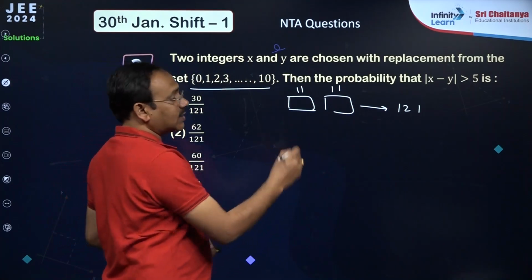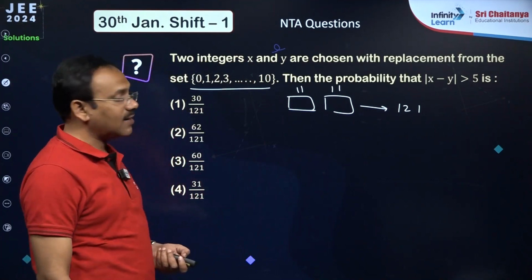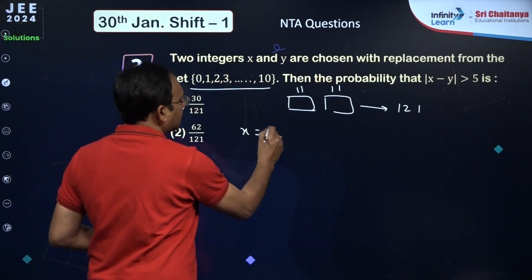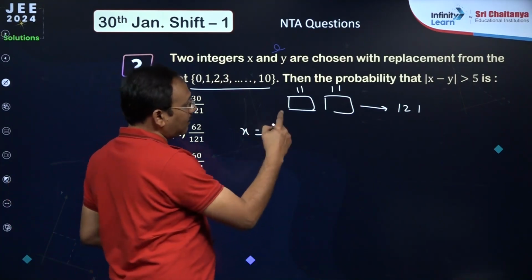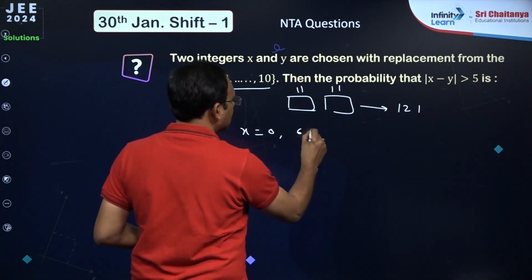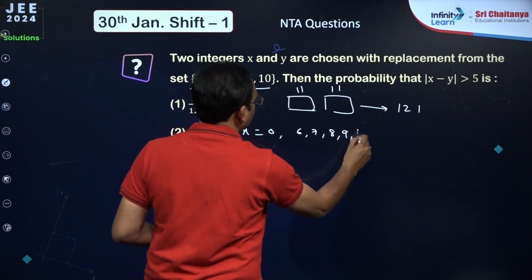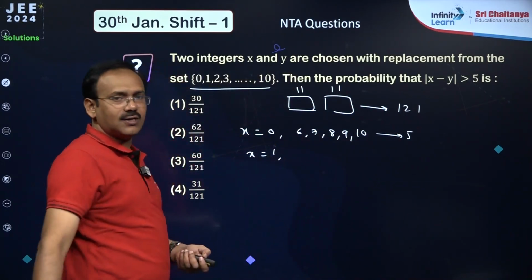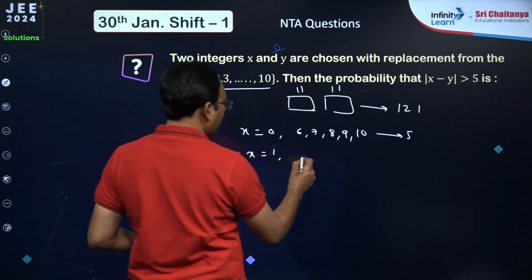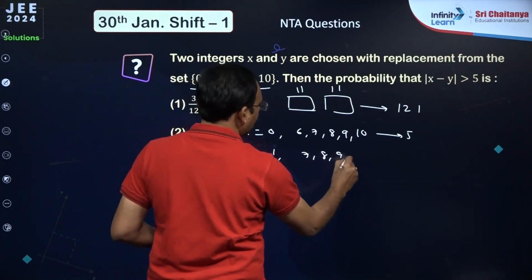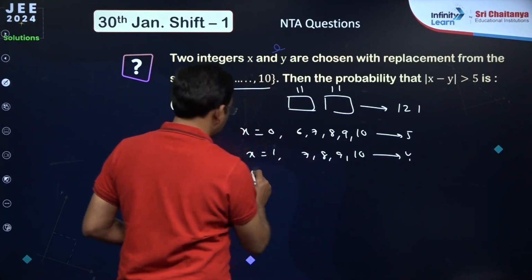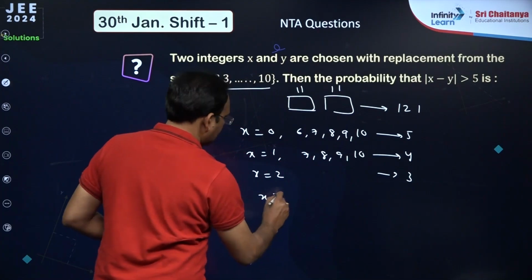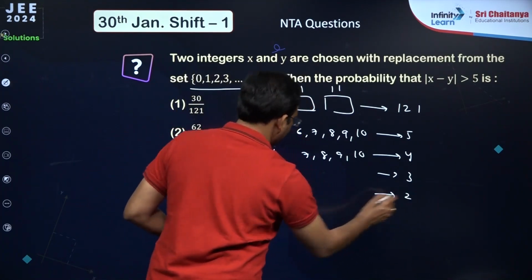I just want x, y such that mod x minus y is greater than 5. So difference must be more than 5. Suppose if I take x 0, my dear friends, y can be above 5, means you can take 6, 7, 8, 9, 10. 5 possibilities. If you take x is 1, difference must be more than 5. You can take 7, 8, 9, 10. 4 possibilities. In the same way, x is equal to 2, 3 possibilities. X is equal to 3, 2 possibilities.